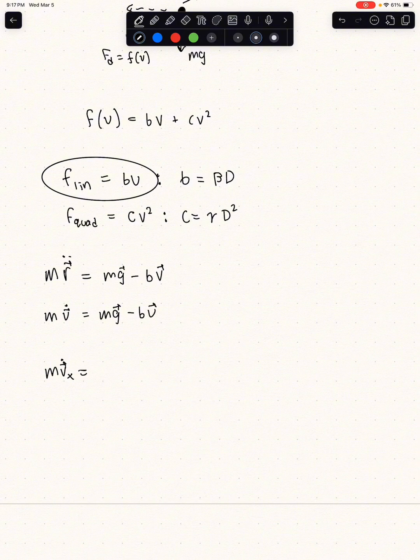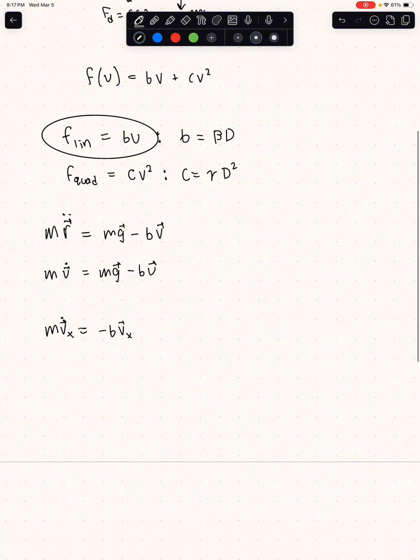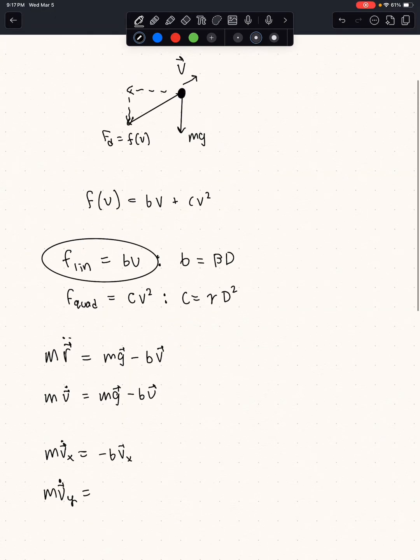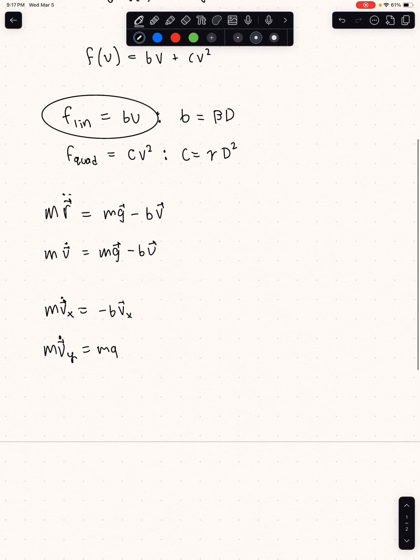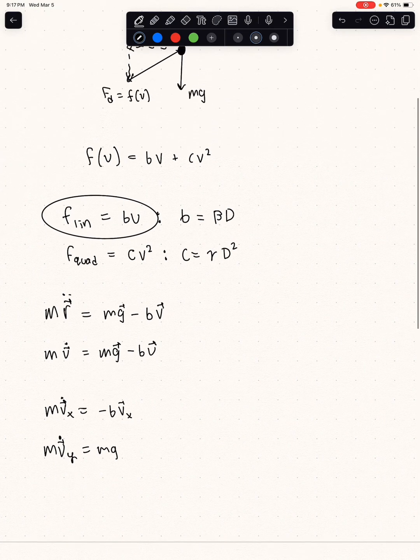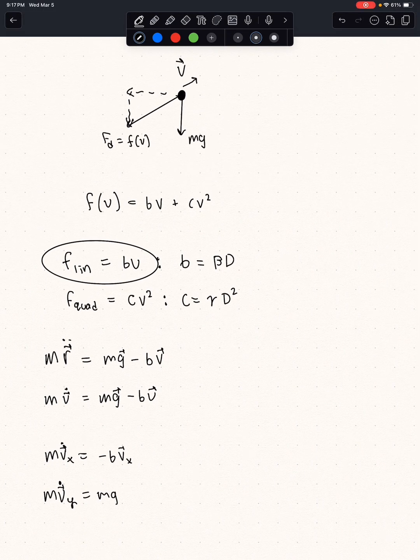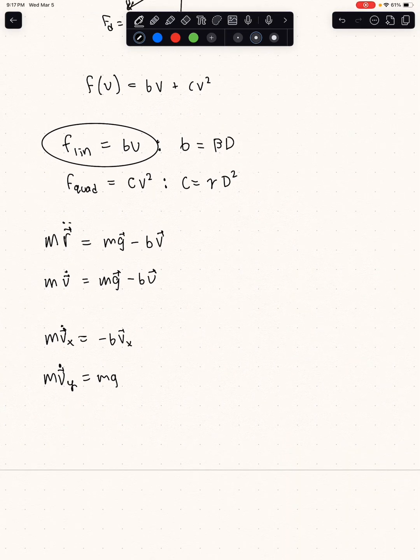So that will be negative b vx. And then we will have the y component, m v dot y. We're going to have a force of gravity downwards, mg, and then the drag downwards in the y direction, minus b vy.